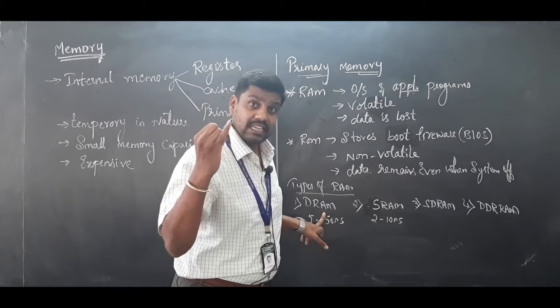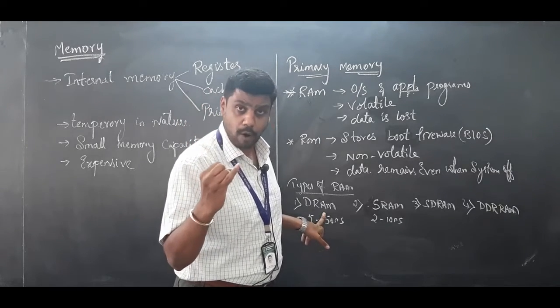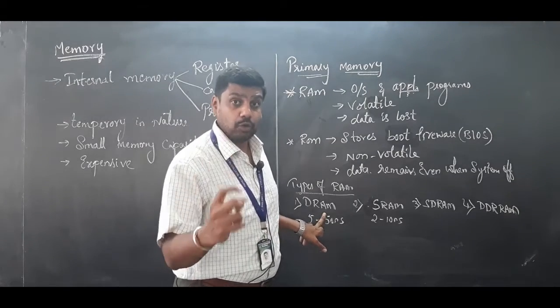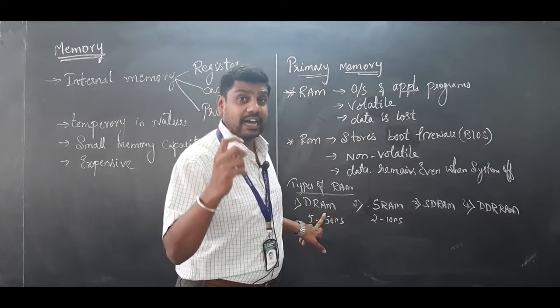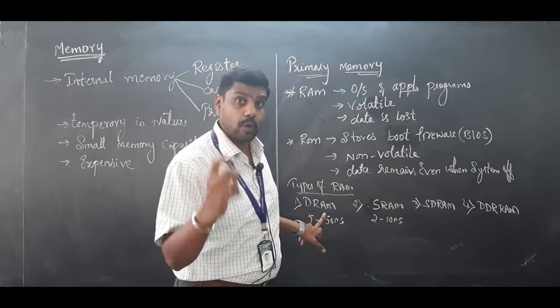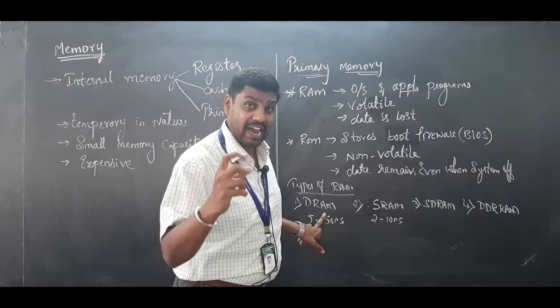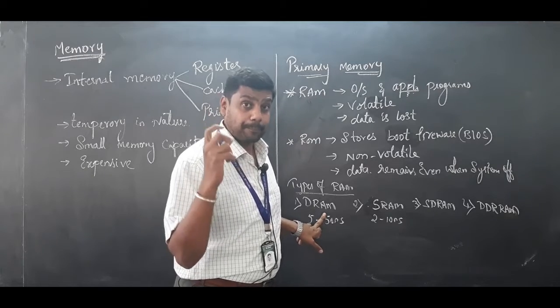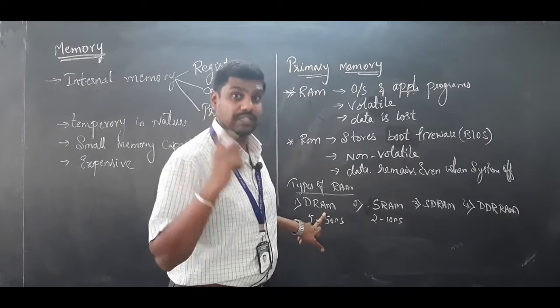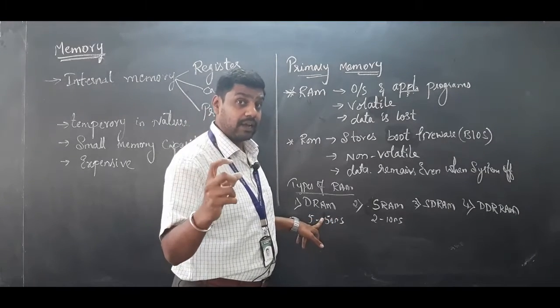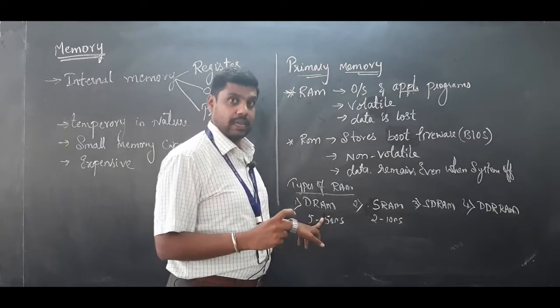The transistors are arranged in a matrix form of rows and columns. The capacitors are used to check the data bits of zeros and ones. The transistor and capacitor are paired to form a memory cell.